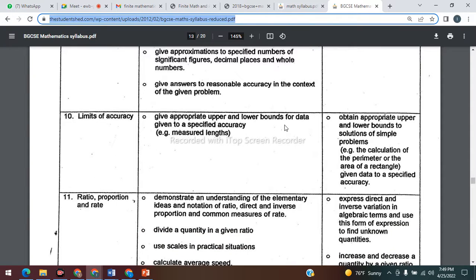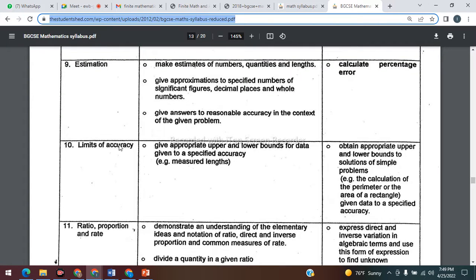It came one time on a past paper. They want you to determine the upper bound and the lower bound. So remind me to do limits of accuracy, just to see how it is. This is something that's tested regularly. I saw this before. It came on paper 3.